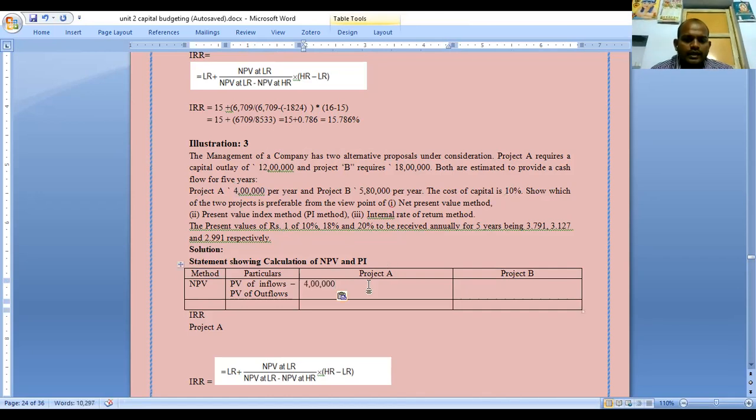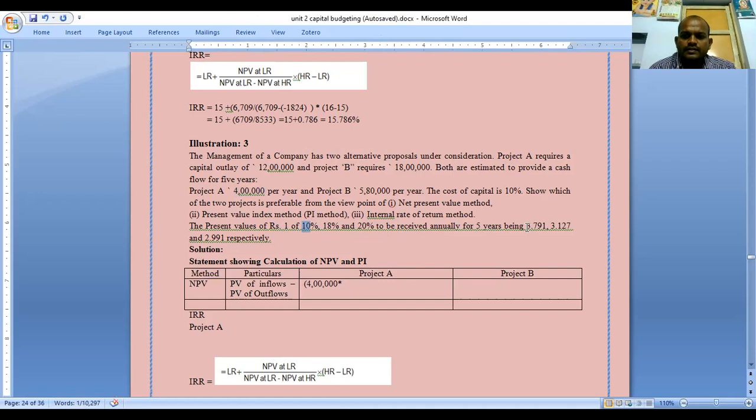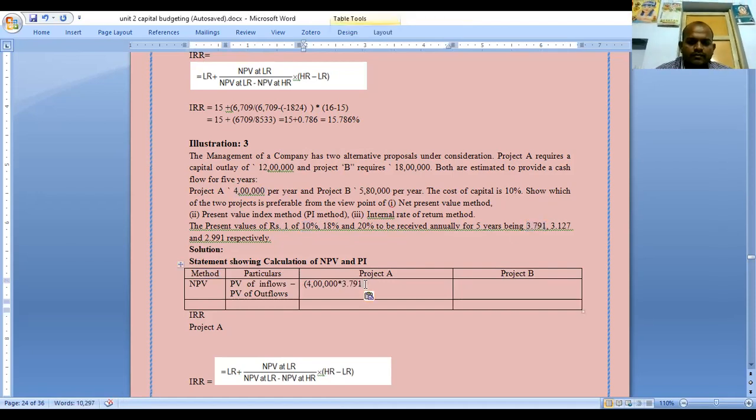So 4 lakhs into, at 10%, annuity factor is 3.791, minus PV of outflows.